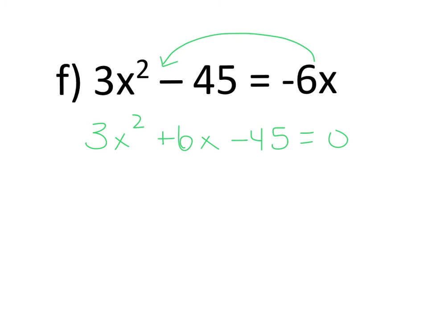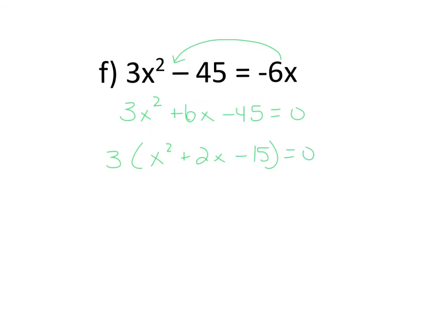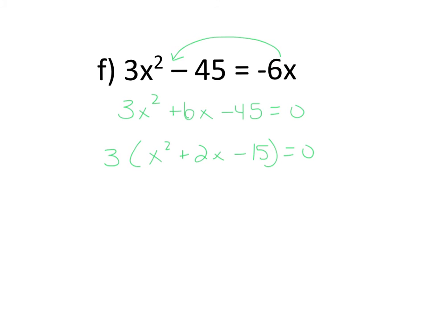So I'm going to pull a 3 out and get x squared plus 2x minus 15 equals 0. Now I'm going to look for factors of negative 15 that get me 2. So 5 and 3 pop in right away, and I'm going to make that 3 a negative. That way I can get a 2. Keep in mind, I have to have a positive-negative combination to get a negative 15 there.